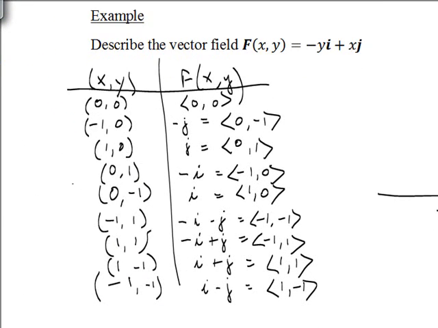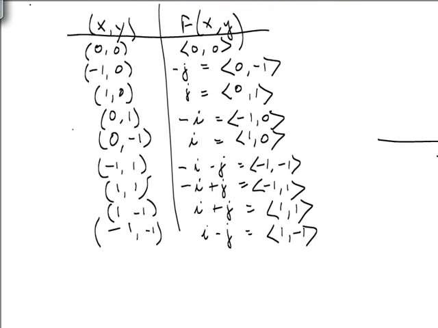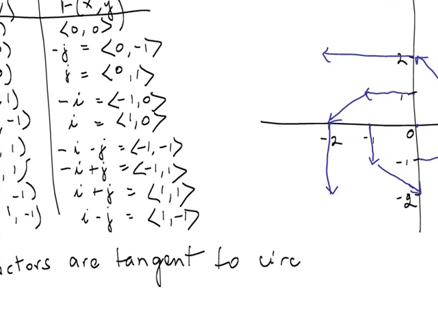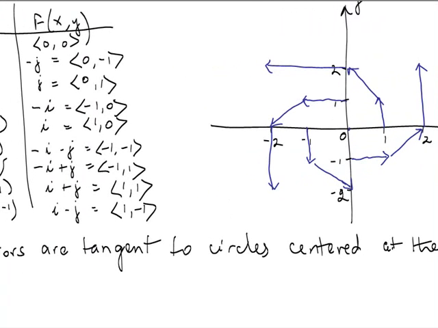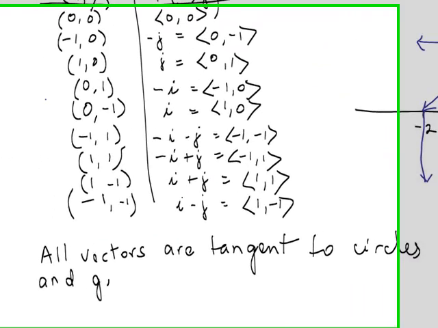So let us describe the vector field, and we're going to say all the vectors are tangent to circles centered at the origin and get longer as we move out.